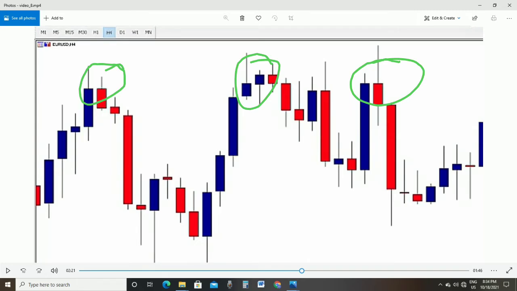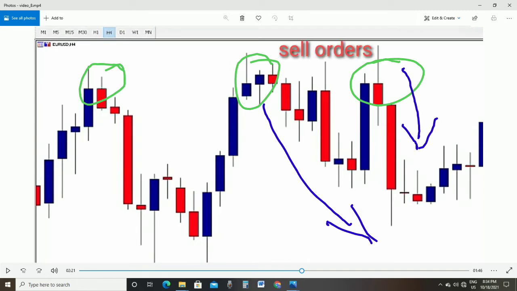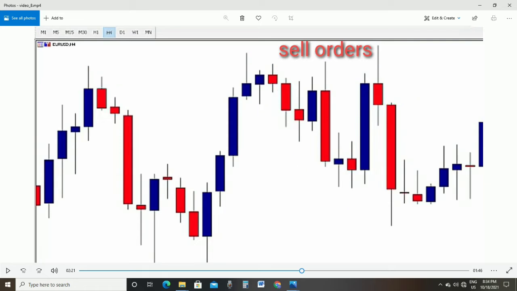This is due to an accumulation of sell orders from the market makers that will be waiting for buyers to bring back the market to that zone so that they can continue and complete their sell orders. So that's why market will usually fall down once it retests or touches that zone again.